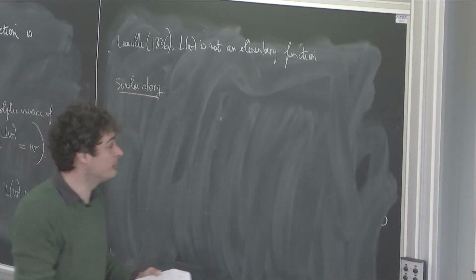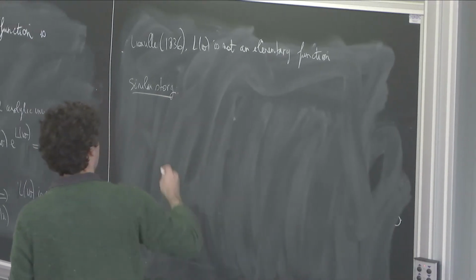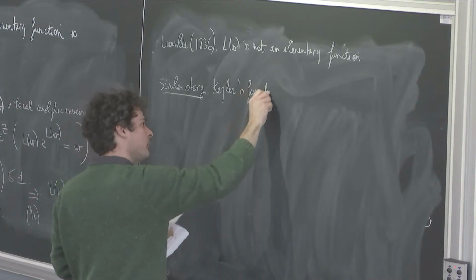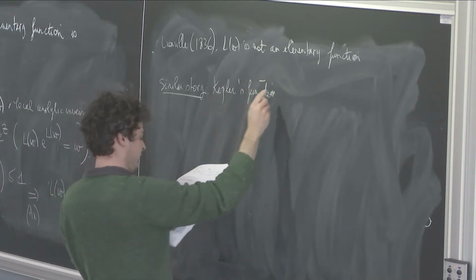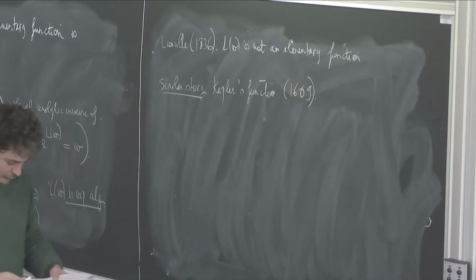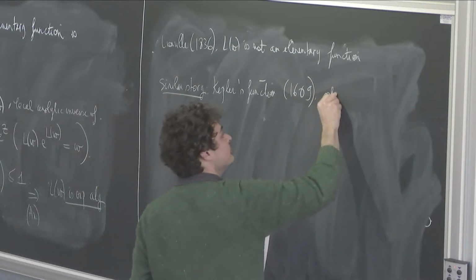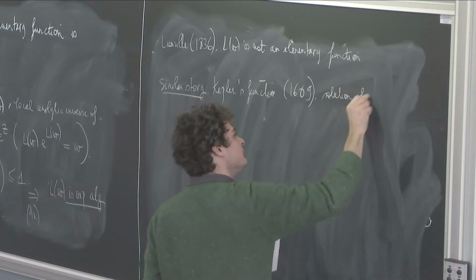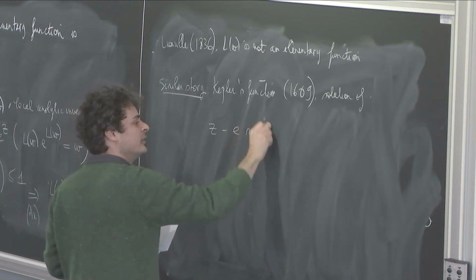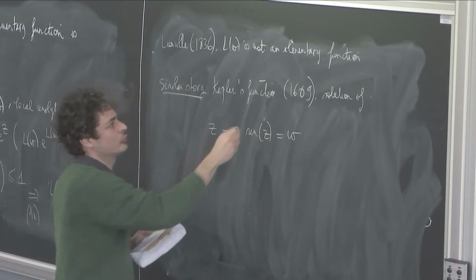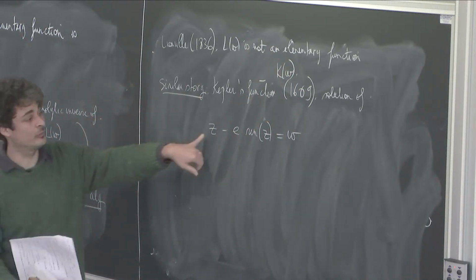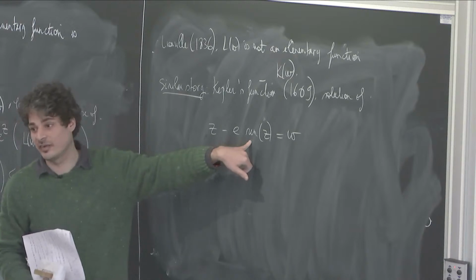okay, so Liouville studies both the Lambert function and Kepler's function, which appears even before, I think in 1609, which is the solution of z minus e sine of z is equal to W. So it's a function K of W, which is a local analytic inverse of this function here, z minus e sine of z.